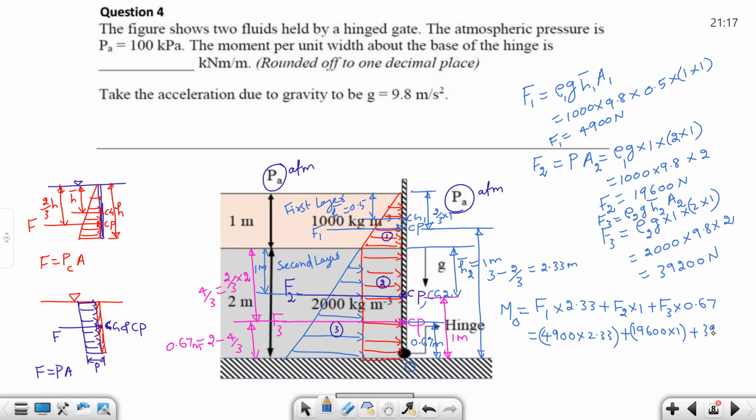F3 is 3,900 into 0.67. So this much Newton meter. Newton meter per unit width. So this is the width we have taken, per unit width. So that is why divided by m.